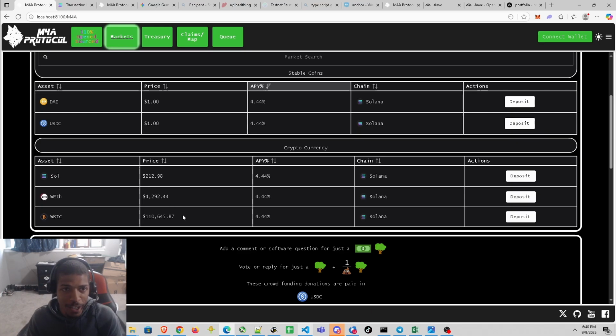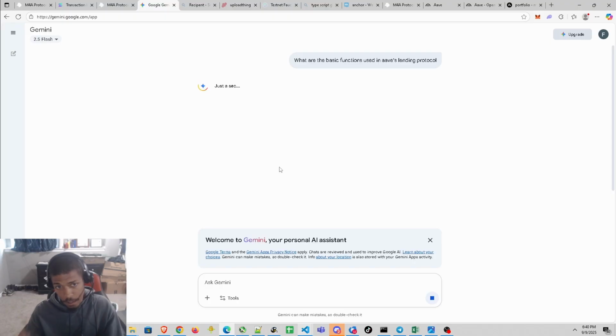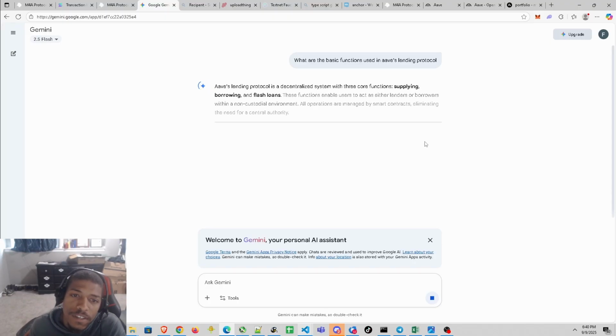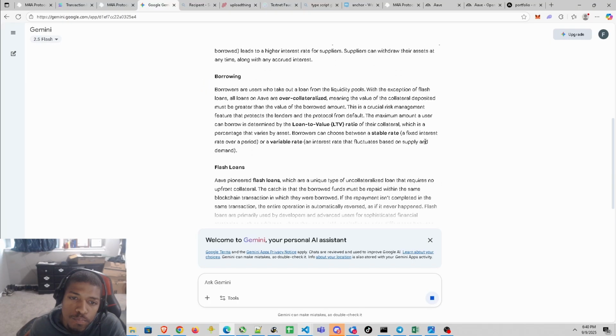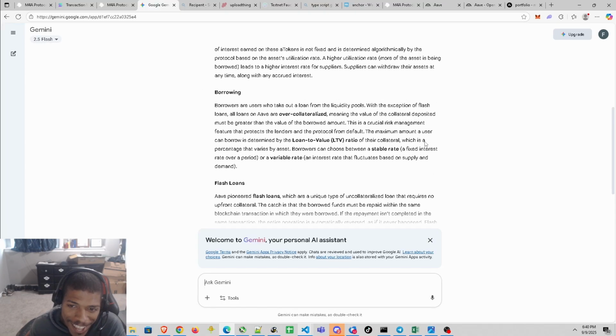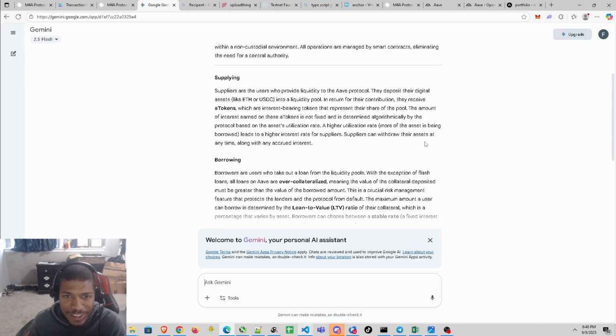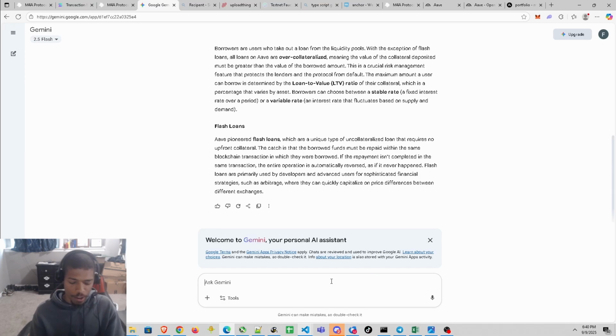So let's try looking at it on a lower level, and let's go to good old AI and just get the quick definition. What are the basic functions used in Aave's lending protocol? Also like MarginFi. Last time I asked this, it gave way more details.